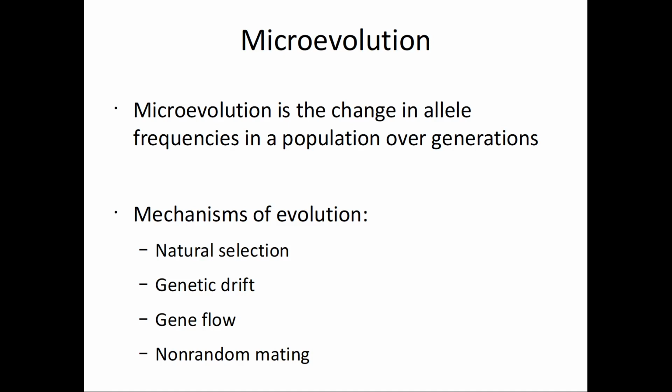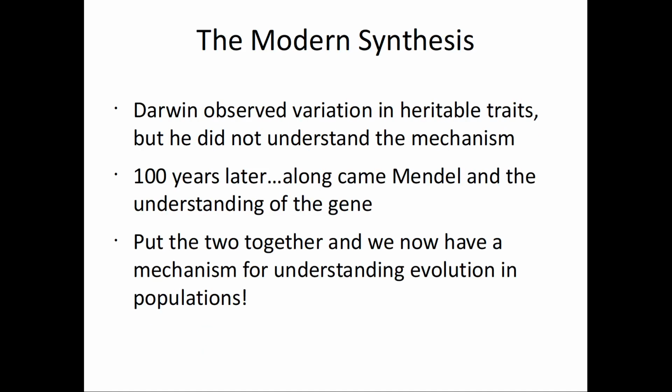When we talk about microevolution, a good way to remember it is we're really talking about the changes at the micro level, the molecular structures, the alleles, the actual genes. All right, so we have some mechanisms of evolution: natural selection, genetic drift, gene flow, and non-random mating. Now, we've already seen a few of these terms in the previous chapter, in chapter 18.